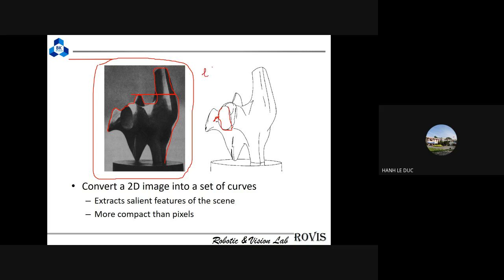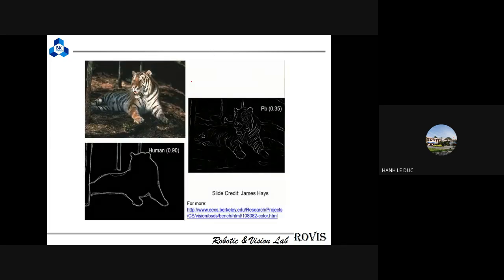So edge is one of the features of the image. And if I give you this picture and ask for edge detection, if we are human, we will think that we extract the continuous lines like this.